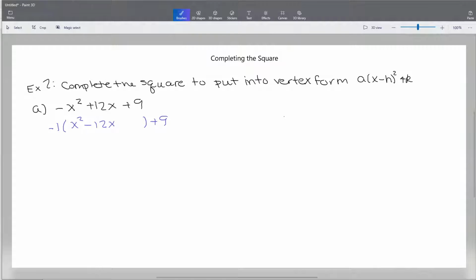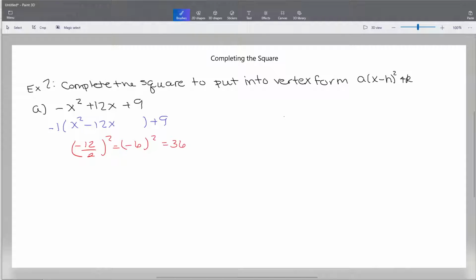I'm going to find out what number I have to add. So I do -12 divided by 2, and then I square it. So this is going to be -6 squared, or 36.